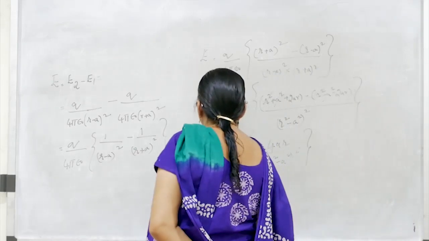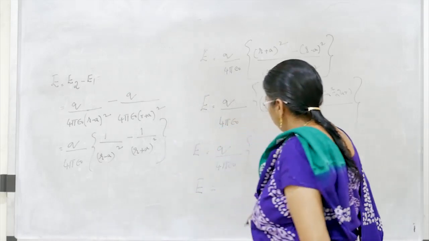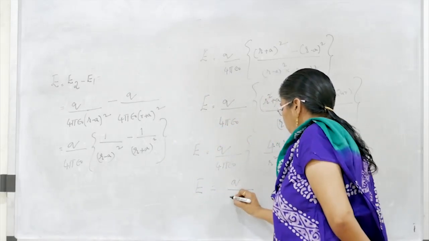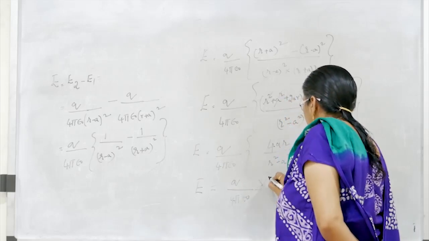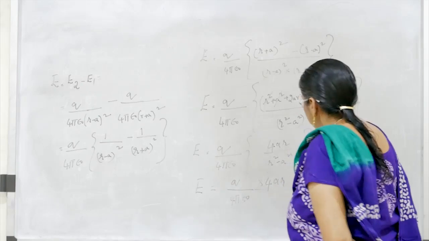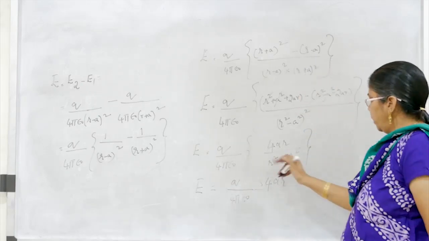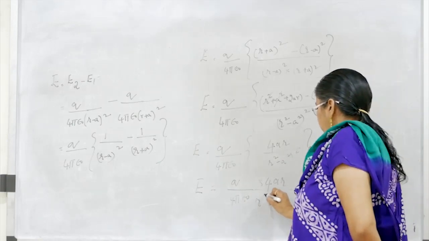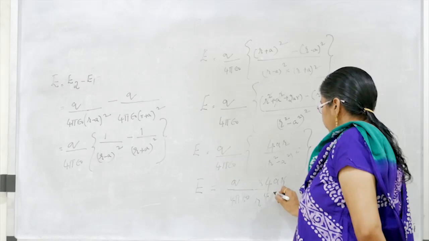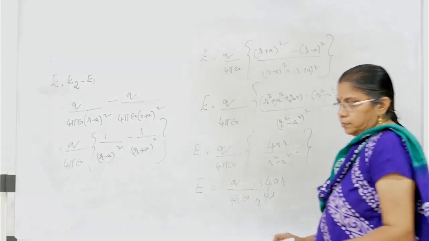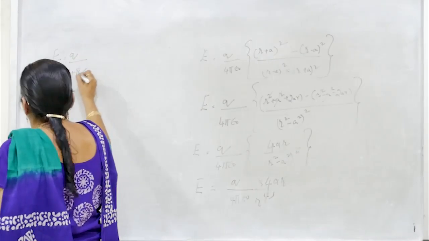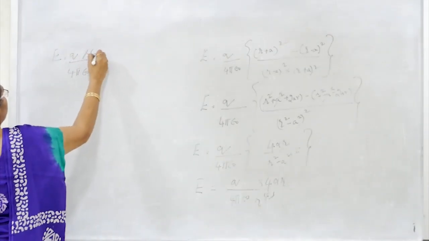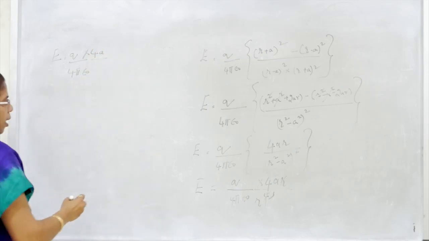So this becomes E is equal to q by 4 pi epsilon 0 into 4ar. So here a square is less compared to r, so this becomes r power 4. So r gets cancelled, so this becomes r cube. Q by 4 pi epsilon naught into 4a by r cube.